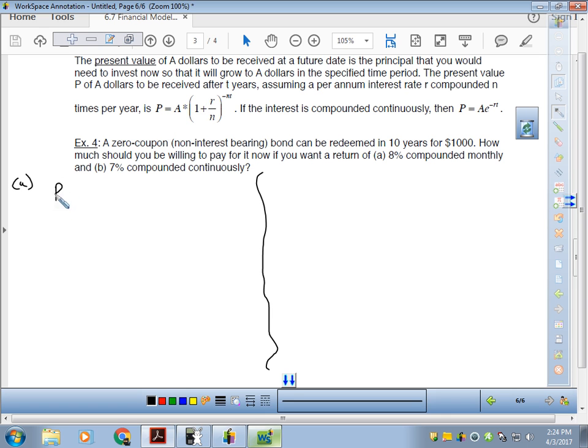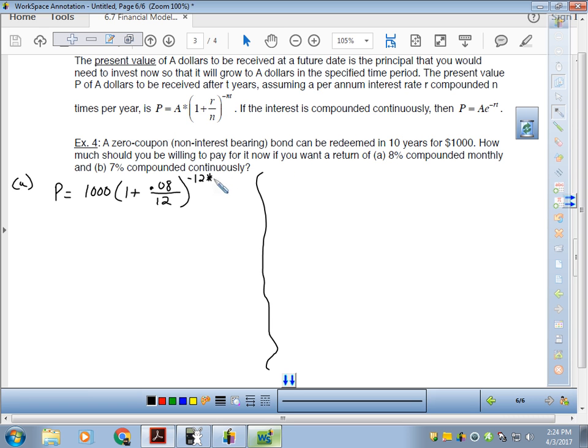So our present value P equals the amount we're going to get at the end, 1,000, times 1 plus the interest rate we want, 8%, and we want it monthly, so that's 12 times per year. That gets raised to the negative n, which is negative 12, times t, how long we have to wait.